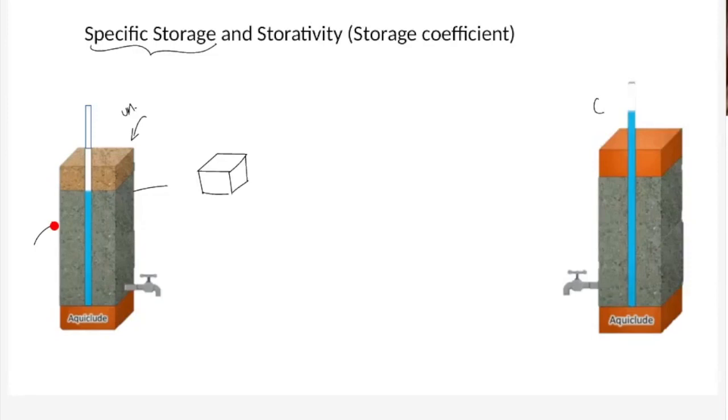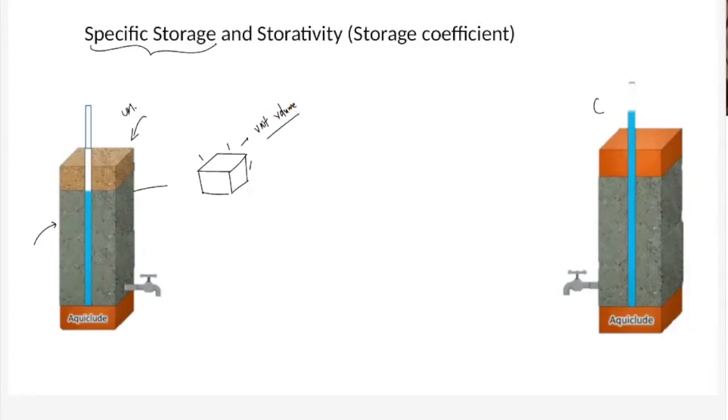Inside this aquifer, imagine a cube of 1 by 1 by 1. So the volume will be 1 meter cube, right? If the volume is 1 meter cube, we can say this cube as a unit volume, yes or no? If my unit is 1 meter, this is 1 meter cube.